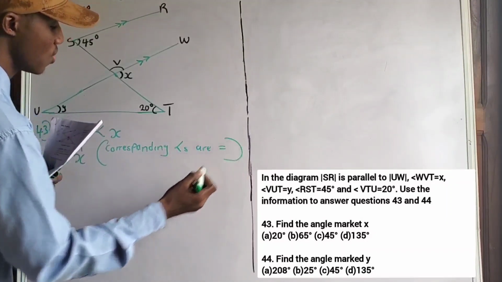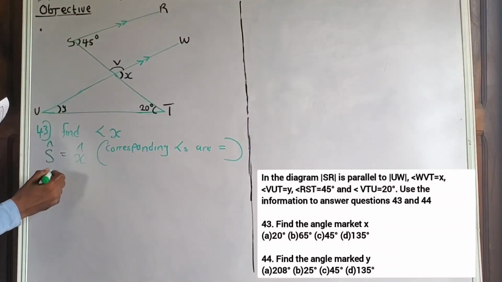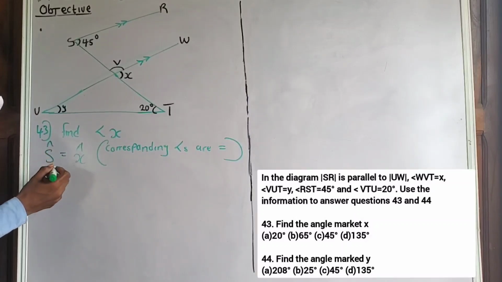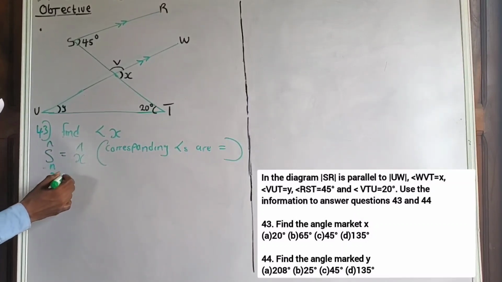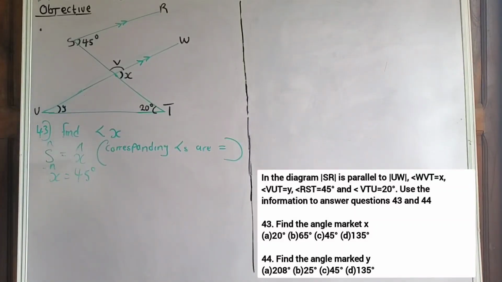So that means if angle S is 45 degrees, the value of angle X will also be what? 45 degrees.